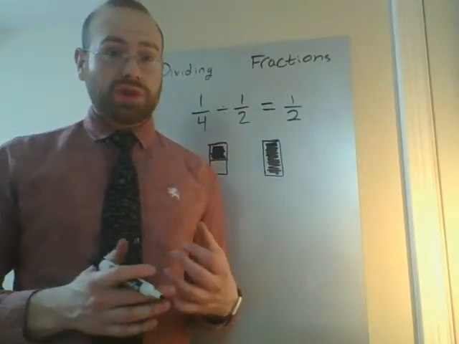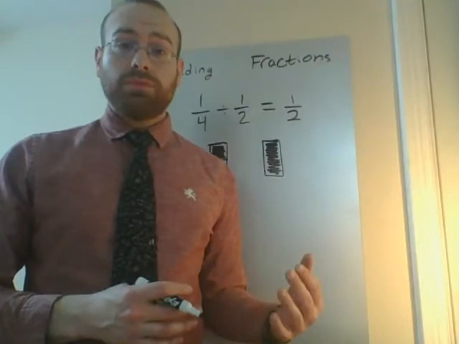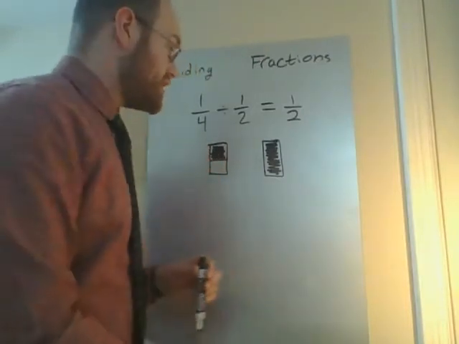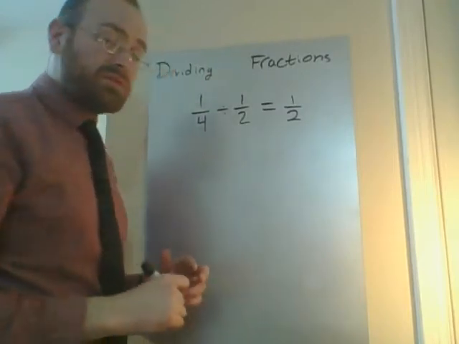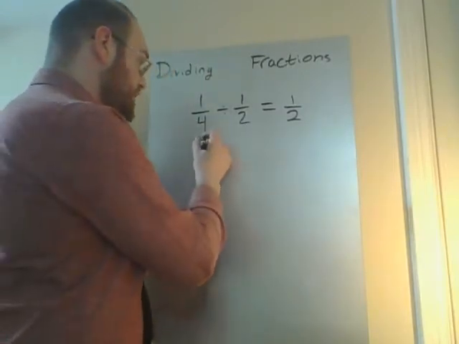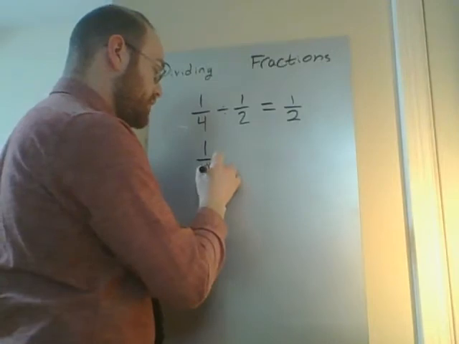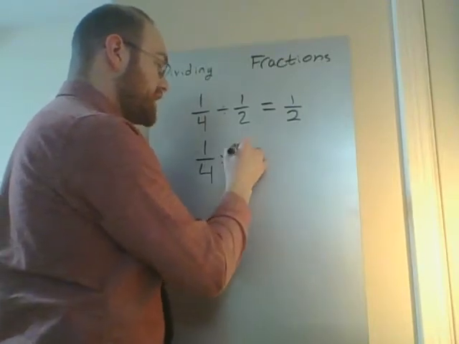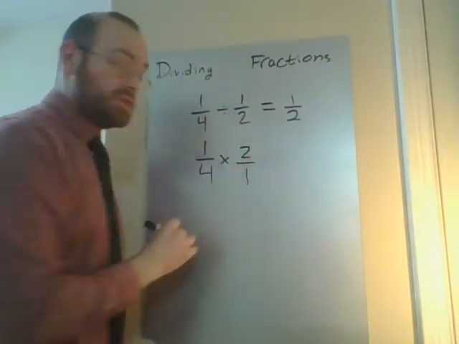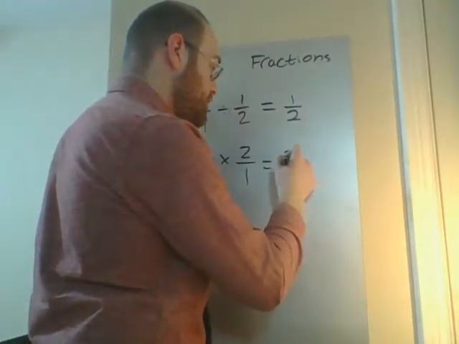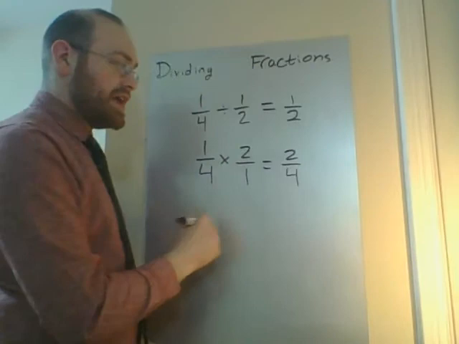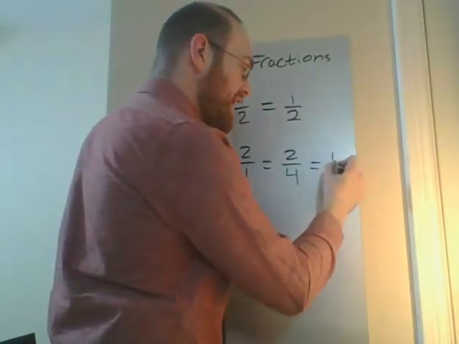But there's a very straightforward way to divide these fractions algebraically. So if we get rid of all our pictures, what we find is that if we take the first fraction and multiply by the reciprocal of the second fraction, we get 2/4, and 2/4 reduces to 1/2.